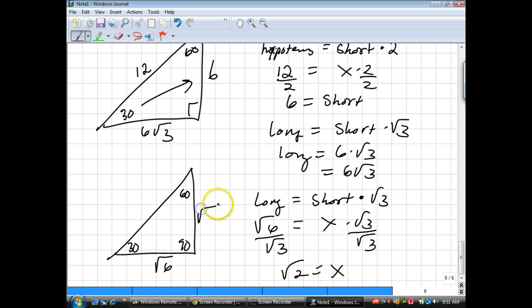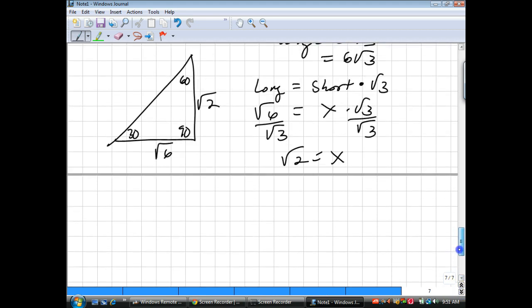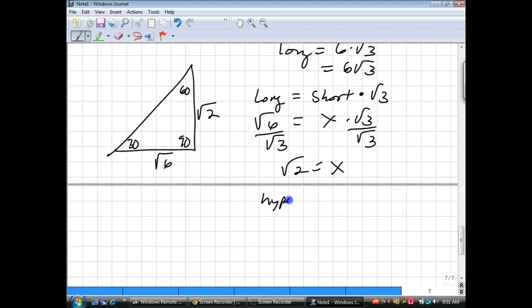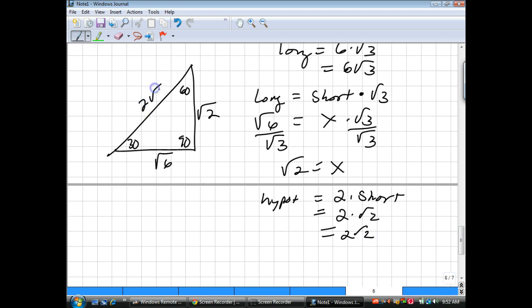So this is square root 2. And then the hypotenuse is 2 times the shorter leg. So the hypotenuse is equal to 2 times the short. Well, we know the short is square root 2, so 2 square root 2 is the hypotenuse.